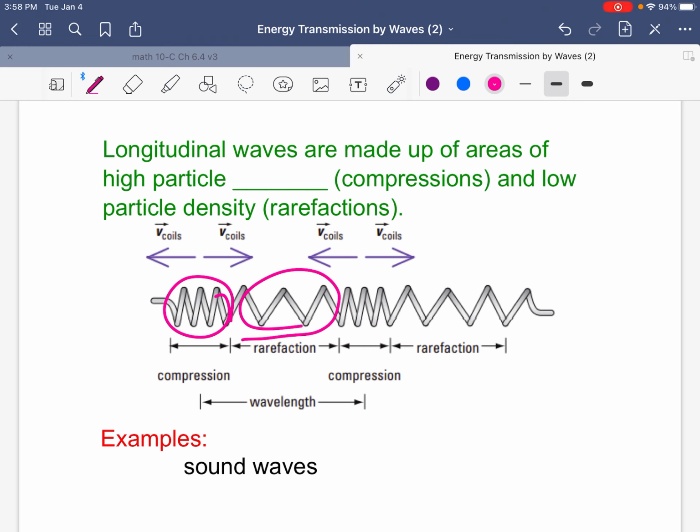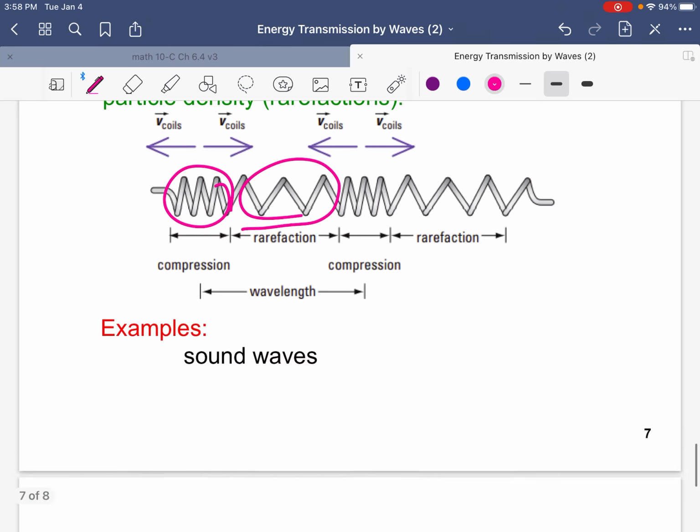Now, longitudinal waves are made up of areas of high particle density, compressions, and low particle densities called rarefactions. So, right now in class, we're all playing with the springs, and you can clearly see this. That GIF demonstration I put online sucks, but it sort of gets the idea.